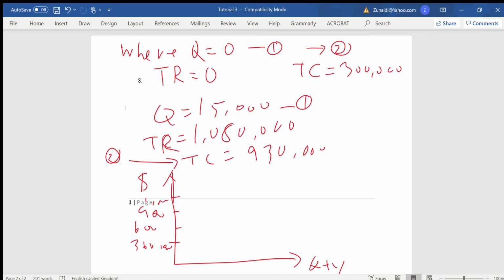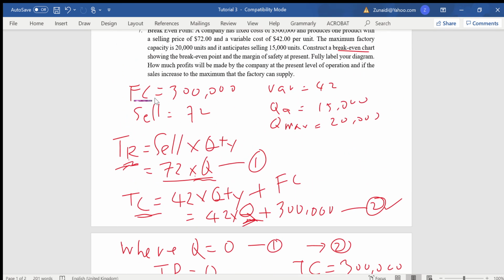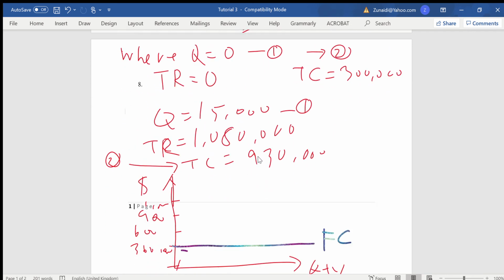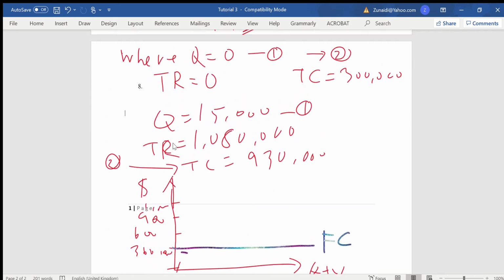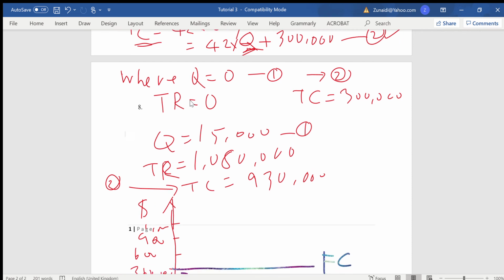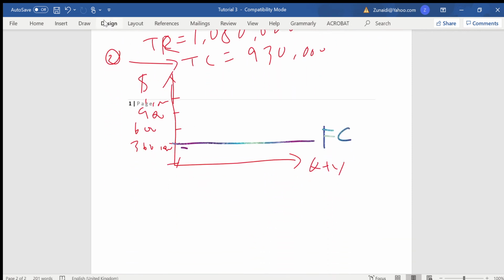When TR equals 0, Q equals 0. But we have here FC, the fixed cost. Fixed cost is always equal to this number. And then when TR equals 0, Q equals 0, we get a point here.